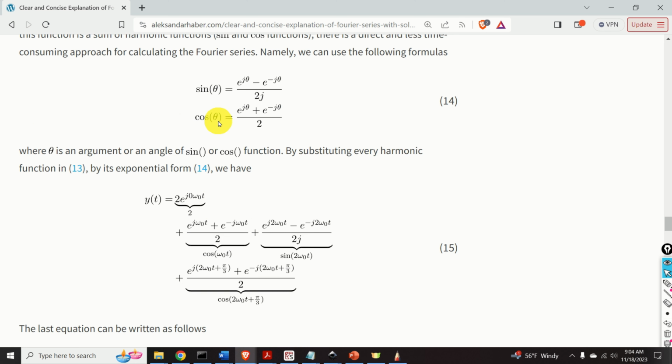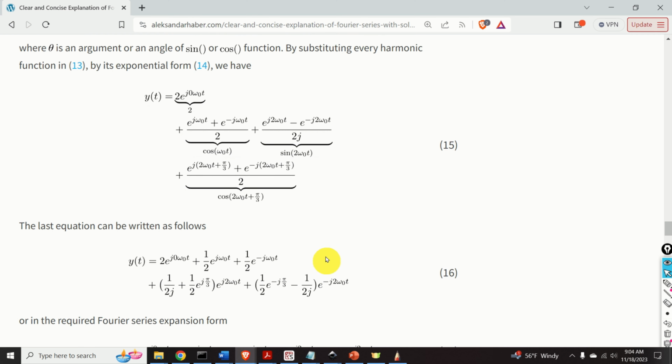Then, by using this formula, instead of cosine of omega 0 t, we can write this. Instead of sine of 2 omega 0 t, we can write this. And instead of cosine of 2 omega 0 t plus pi over 3, we can write this. This equation can be written like this.